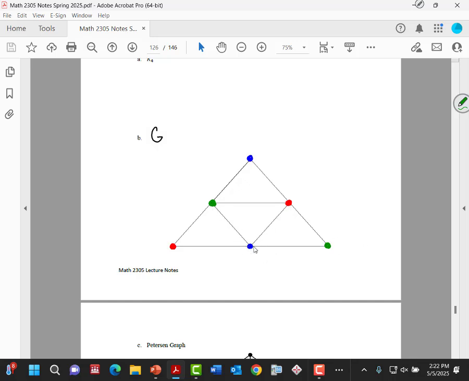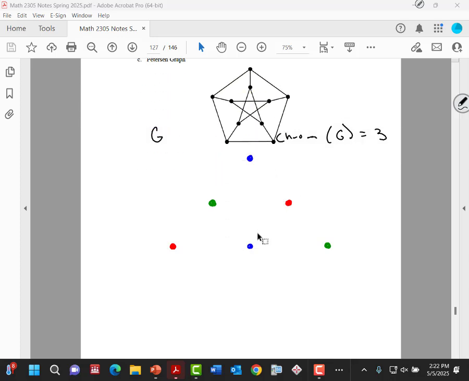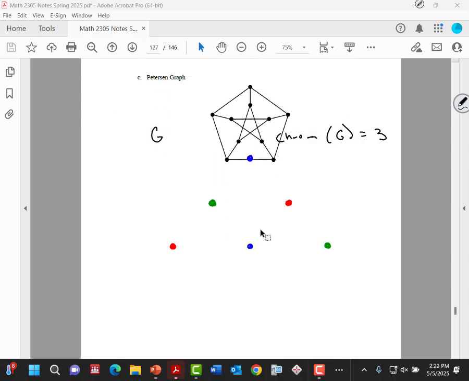So notice he's not connected to any blue. And so I've colored this in such a way where no 2 colors touch. And so I would say the chromatic number of this graph G is 3, because it took me 3 different colors to do a proper vertex coloring. Okay, let's slide down and take a look at another graph.